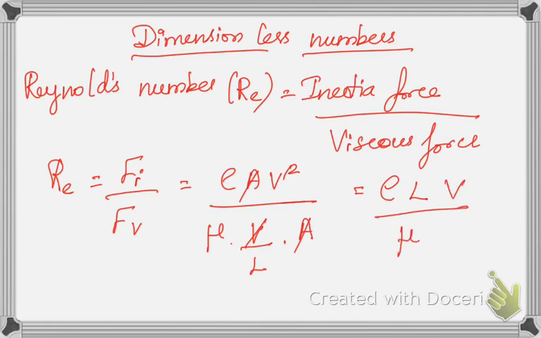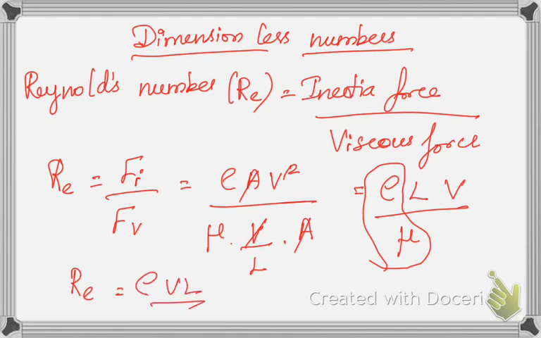What is mu by rho? Mu by rho is nothing but our kinematic viscosity nu. So Reynolds number is either rho V L by mu, or V L by nu, where nu is the kinematic viscosity. This is the first number.